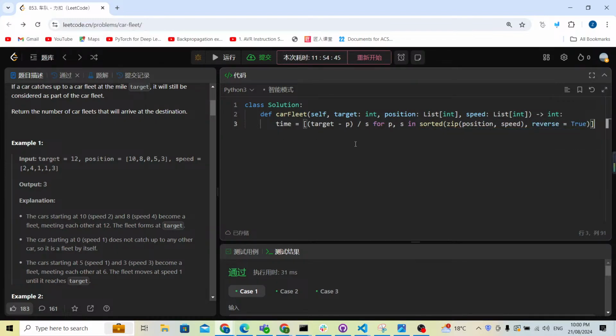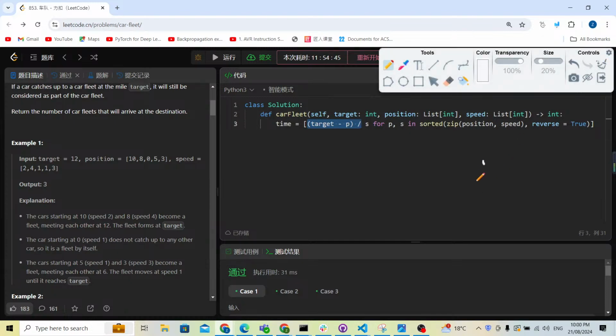After this, I'm going to have a time array, and inside it's going to be the time to reach the target from the last position to the first position. So for example, this 10 is going to be the last position, this 8 may be the first position, and 12 is the target.